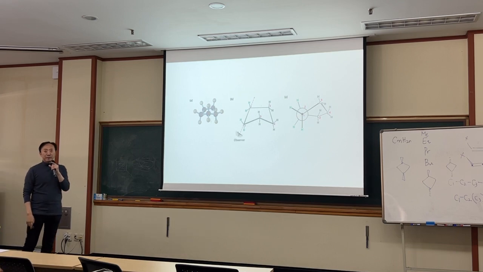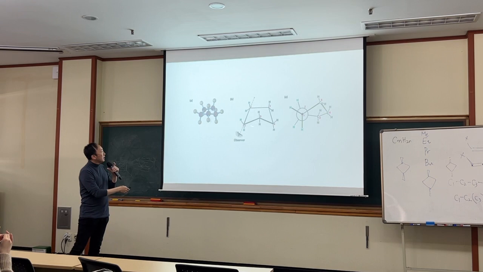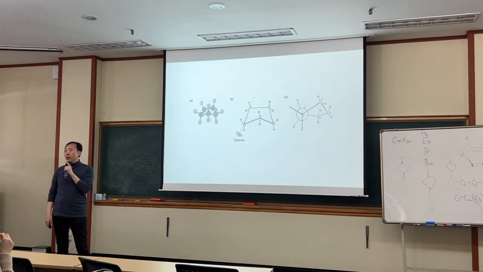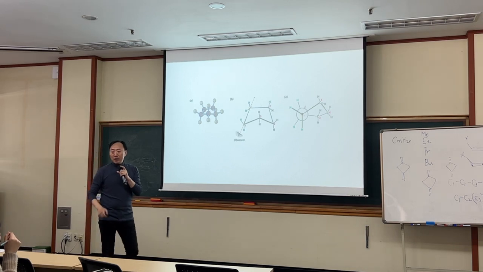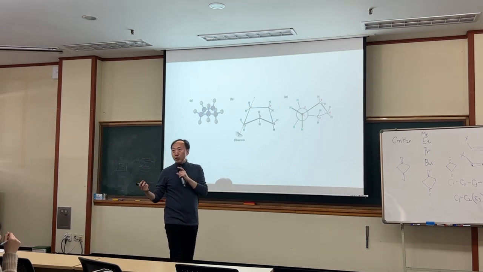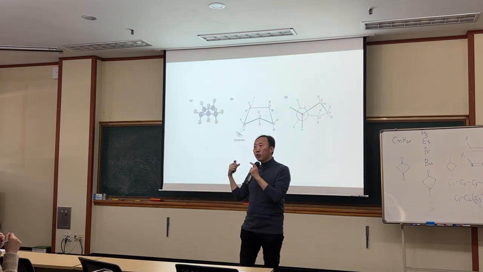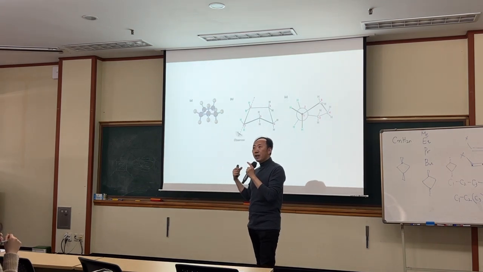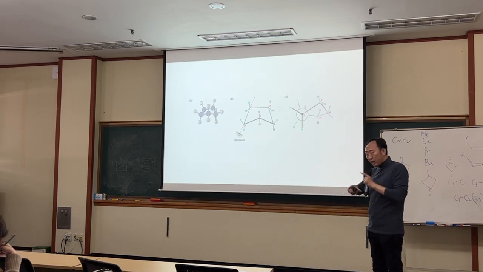5-membered ring. If it is perfectly on the same plane, then the angle should be matching. But if you look at each carbon, they cannot be on the same plane. It's not an sp2 structure, this is sp3. There is no double bond here. That means they prefer to have 109 degrees, but each position cannot be on the same plane.